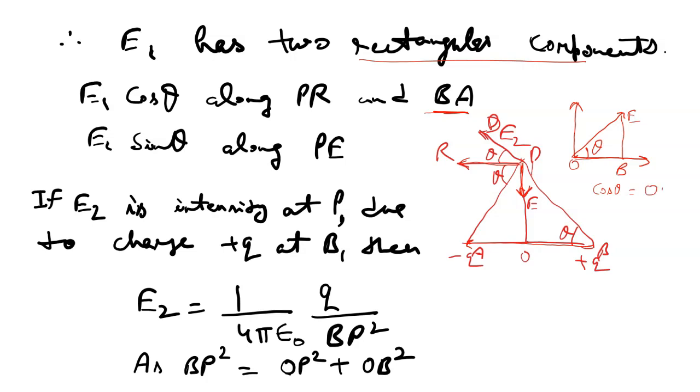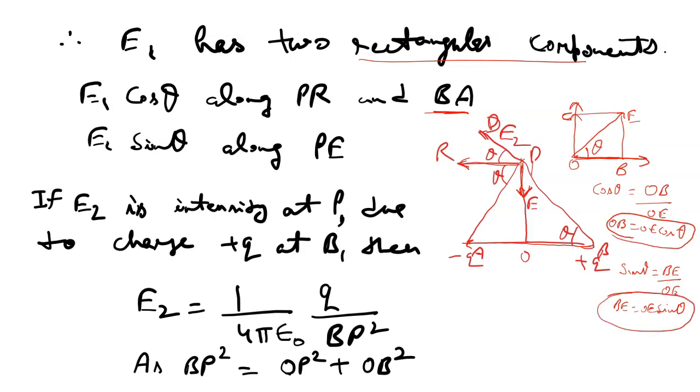Base is OB and hypotenuse is OE, so the component OB equals OE cos theta. Sin theta is BE upon OE, so BE equals OE sin theta. This is the sine component.